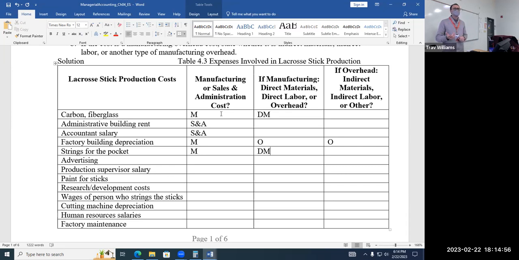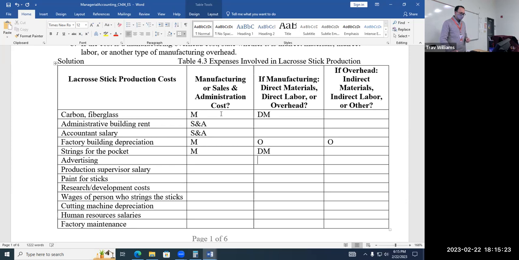I think we had an example last week with the pizza and the spices on the pizza. Maybe that was in the lecture. I don't remember. Everything gets to be a blur at some point, right? If you have a material that you really can't quantify how much is being used on each product, then you just call it an indirect material cost. But strings, I think we could call direct materials.